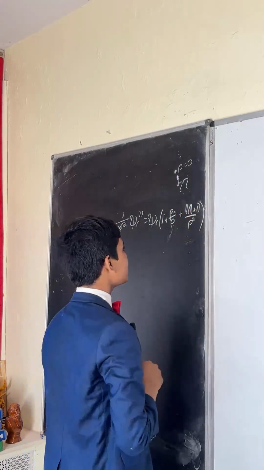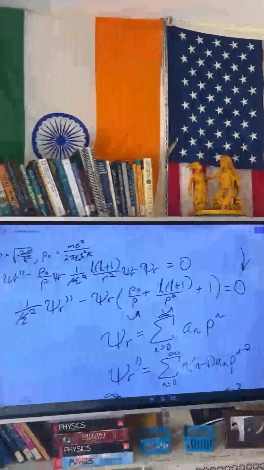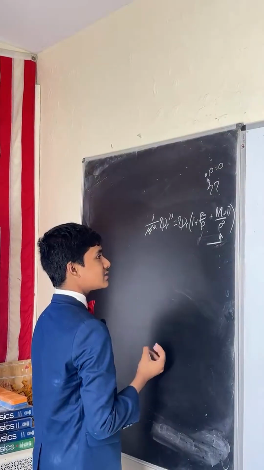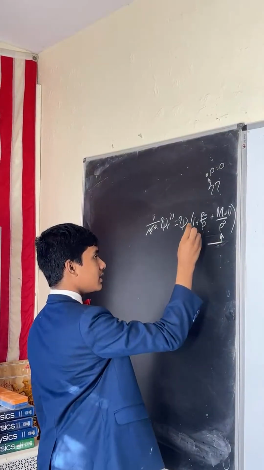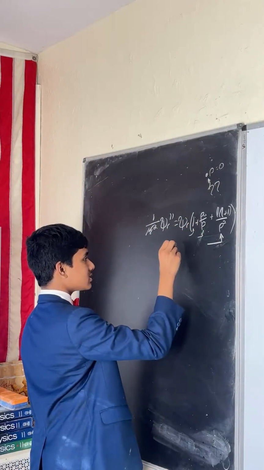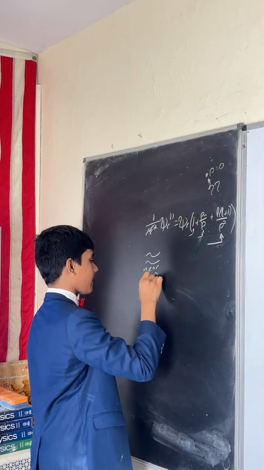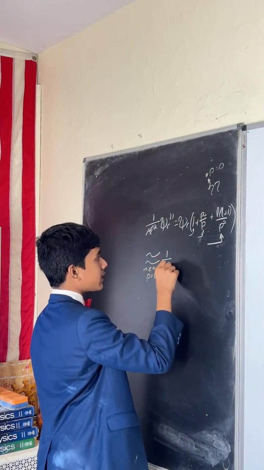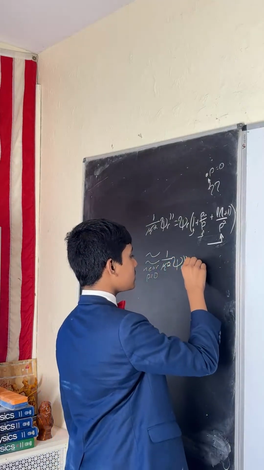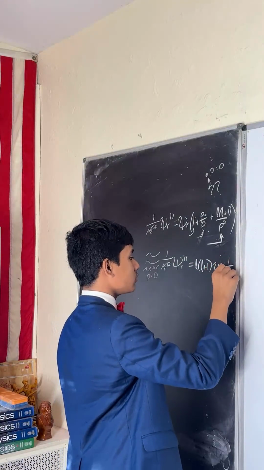Now think about it for a moment. So what happens here? Well, this term, out of all three of them, is going to dominate, as it's going to grow much faster as rho nears 0 than this term. And this term is constant, so it doesn't even grow at all. Which means that this approximately becomes 1 over kappa squared psi r double prime is equal to L times L plus 1 of psi r times 1 over rho squared.